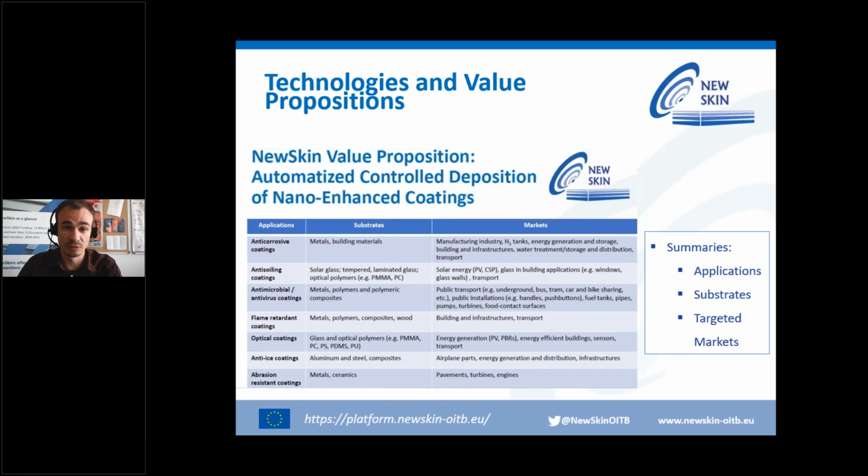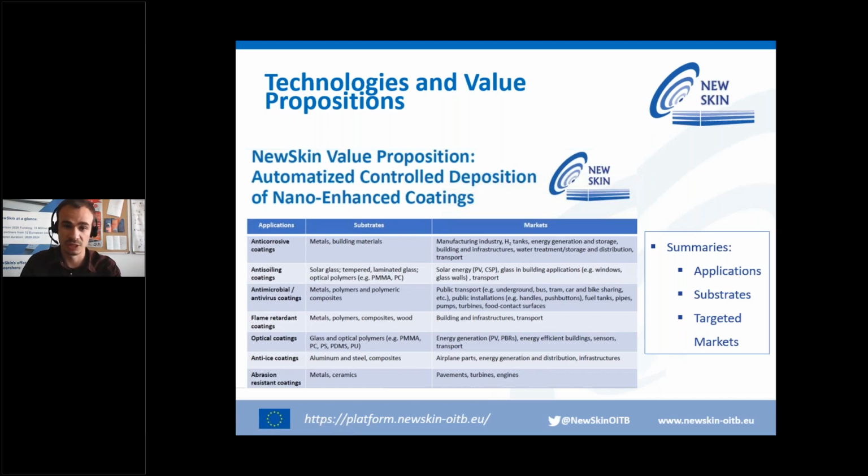So this is a table from LITAT, which is an RTO of the NewSkin project, specialized in the development of nano coatings. For instance, you can see the applications of their nano coatings on the left side, and if you are looking for abrasion resistant coatings, you can see here that LITAT is developing one specifically for the metals and ceramics industries, and for these three markets: pavement, turbines, and engines.